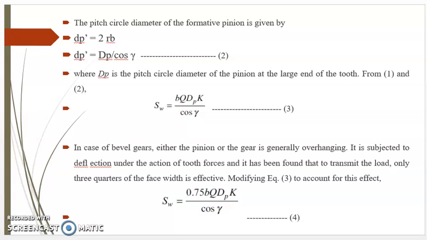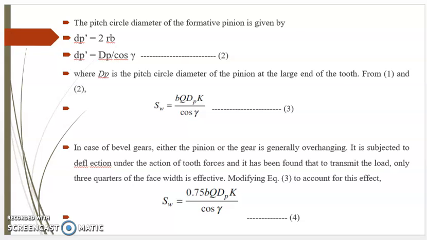In case of bevel gears, either the pinion or the gear is generally overhanging. It is subjected to deflection under the action of tooth forces, and it has been found that to transmit the load, only 3/4 of the face width is effective.